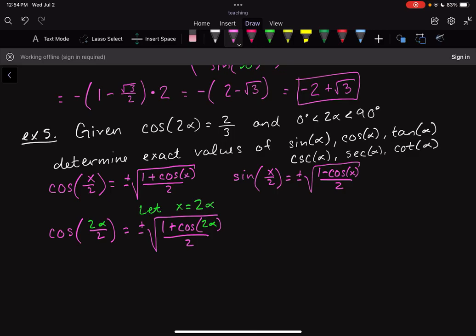And I could do the same thing in the sine identity as well. But what this will do is it'll give me cosine of alpha. Now I know cosine of 2 alpha because they gave that to me. That's what they said was 2 over 3. So I can replace it with 2 over 3.